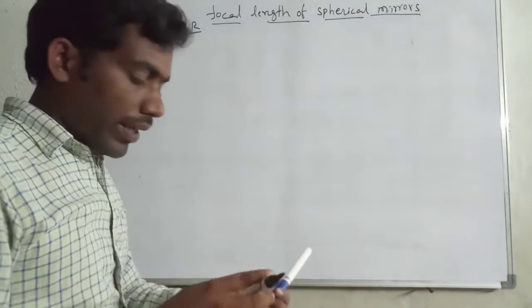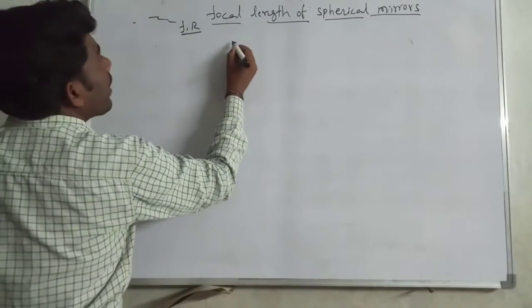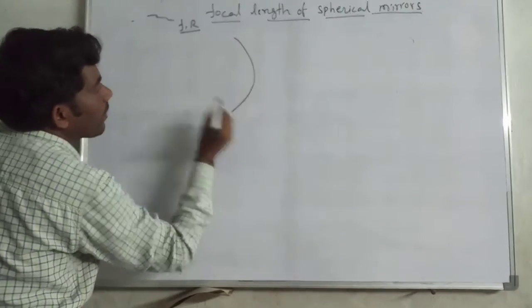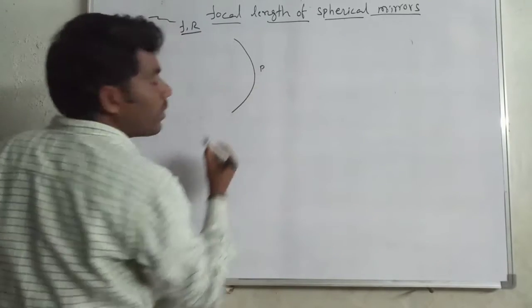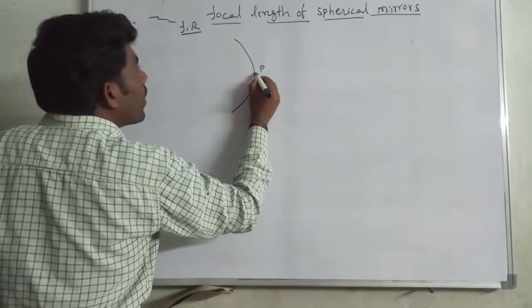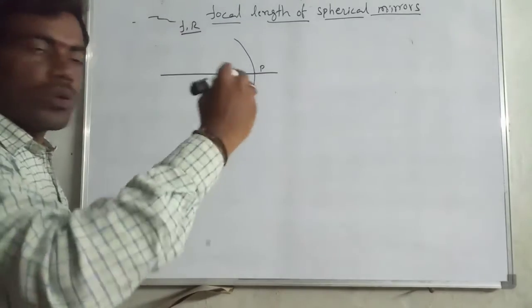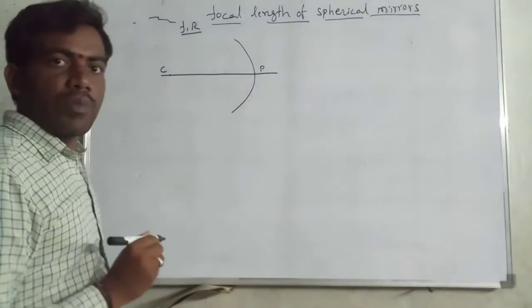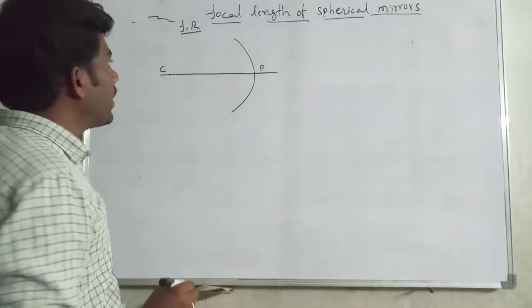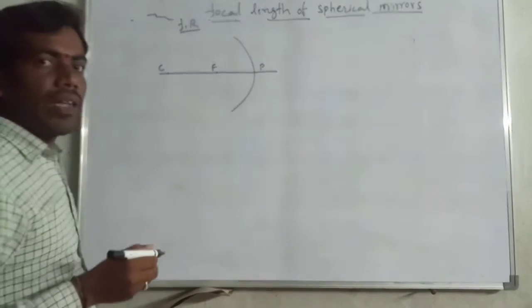See, if you take a concave mirror, this point is taken as the pole, denoted by P, and through this point the principal axis is crossing. Then this one is taken as the center of curvature, that is C, and then this one is the focal point.